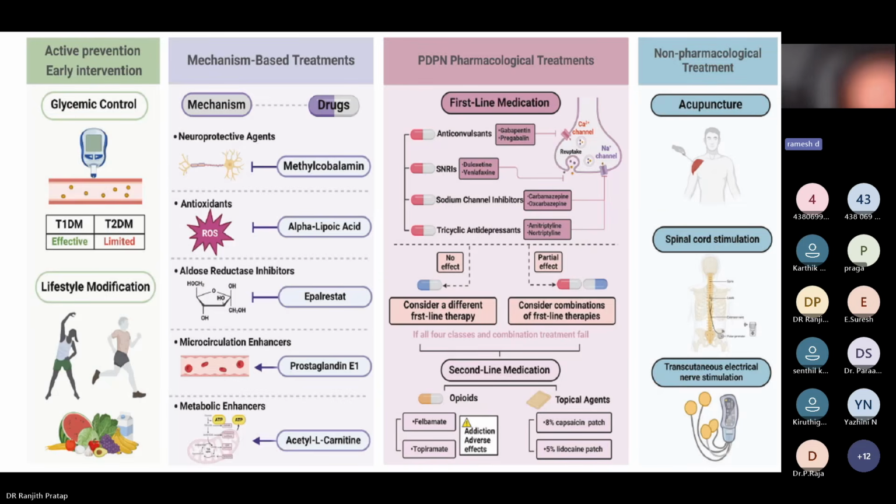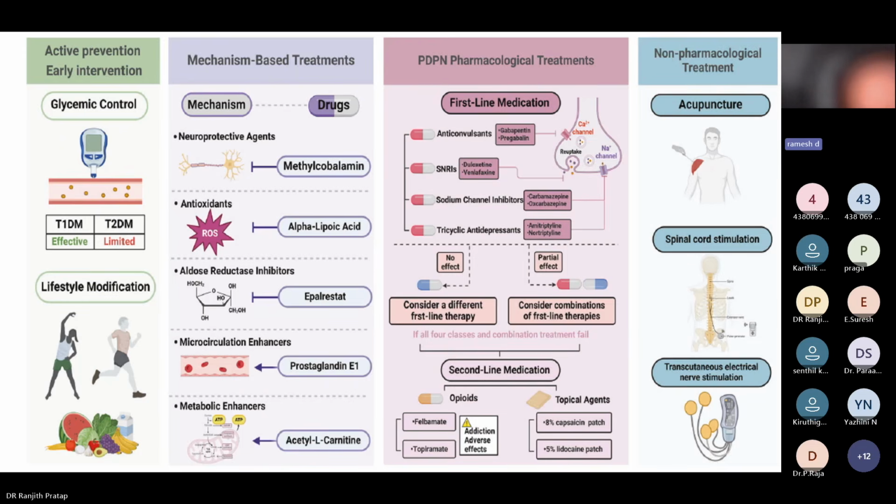Whenever there is management, it is systematic, starting from identifying the pathology to the pathophysiology. So first we have to do the prevention and early intervention of the pathology, that is the disease, that is the glycemia, that is the diabetes. Diabetic control is very important for the management.